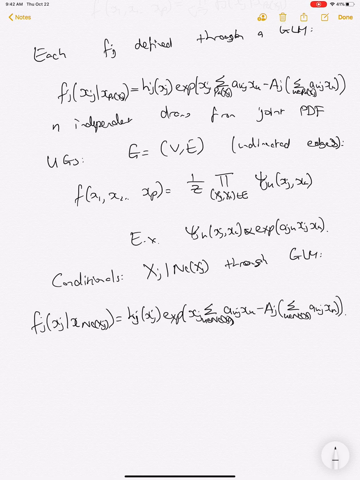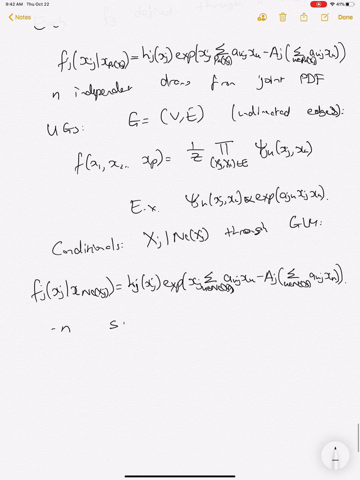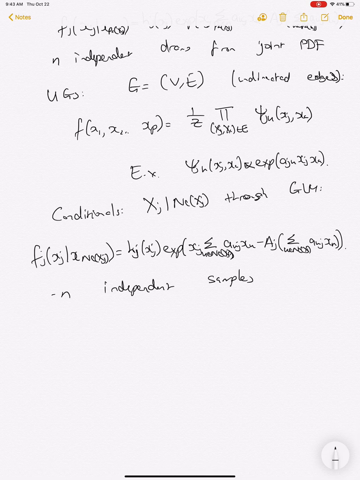And once again we have n independent samples. Our parameters of interest here are akj, and these are related to the graph structure.